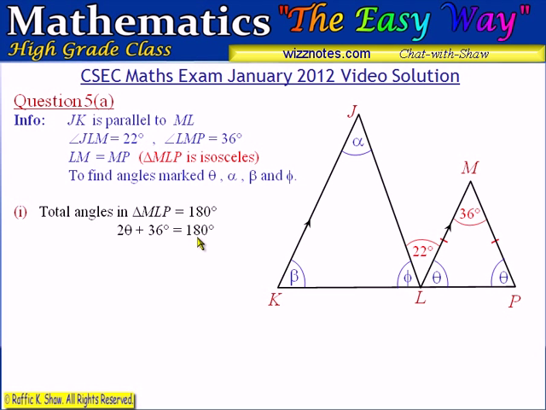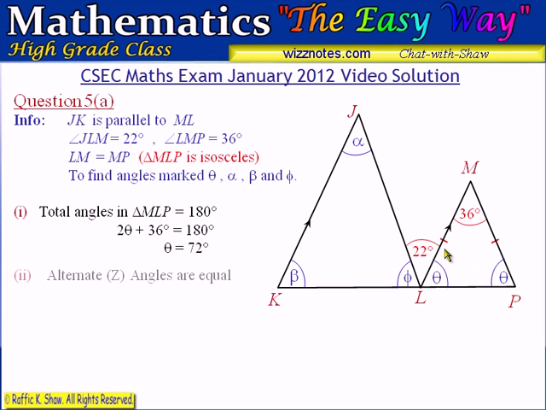If you transpose to make theta the subject, firstly subtract 36 from both sides, leaving 144, and then divide by 2. So angle theta is 72 degrees. So the answer for this angle here is 72 degrees. This one is also 72 degrees.